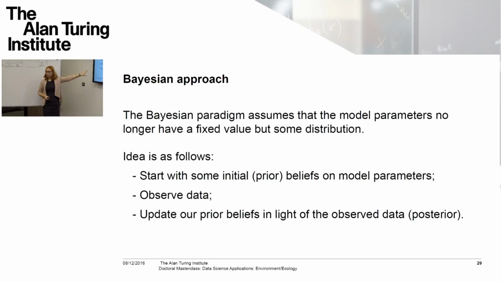The idea is we start with some initial beliefs about our parameters. Before we even go and collect the data, we have some preconceived idea of what we think the parameter values are. We then go and collect the data, and given the data we observe, we update those prior beliefs to give us what's called our posterior beliefs. And that's what we're interested in, the posterior distribution of the parameters given the data that we see.